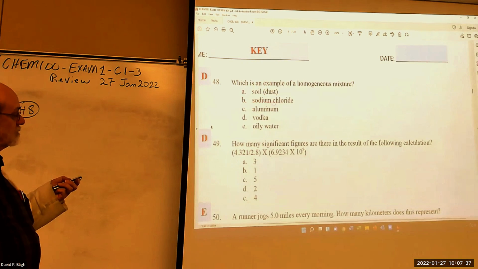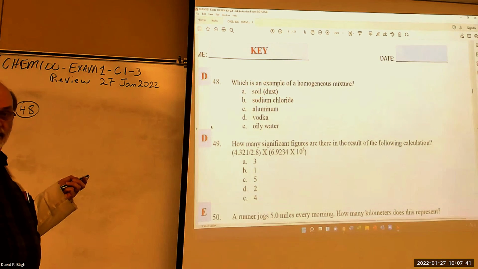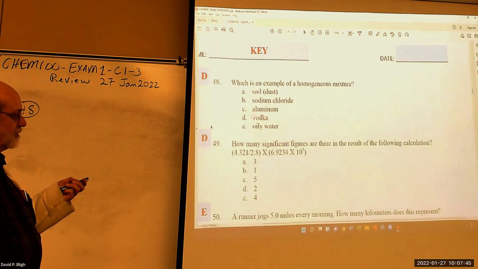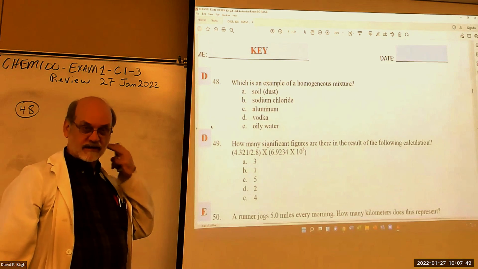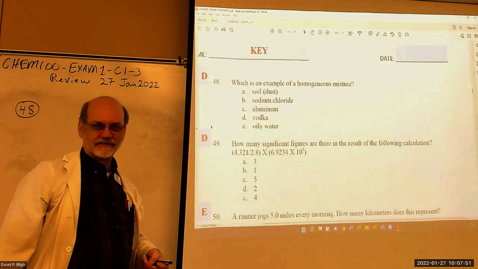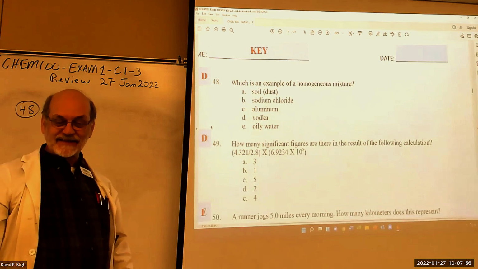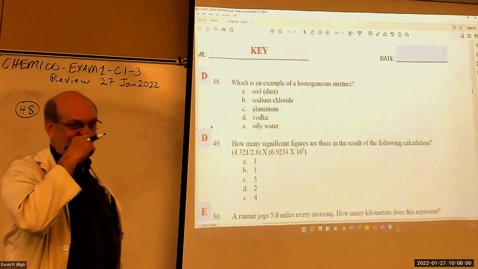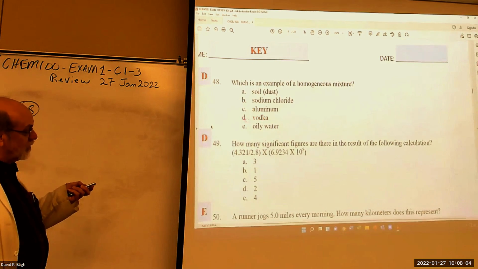Sodium chloride, it's not a mixture, that's a pure substance. It's a compound. Aluminum is an element. Vodka. It's a mixture of ethanol and water and some other stuff. And oily water, that's definitely going to be heterogeneous with the oil floating on top probably. So vodka is our homogeneous mixture.